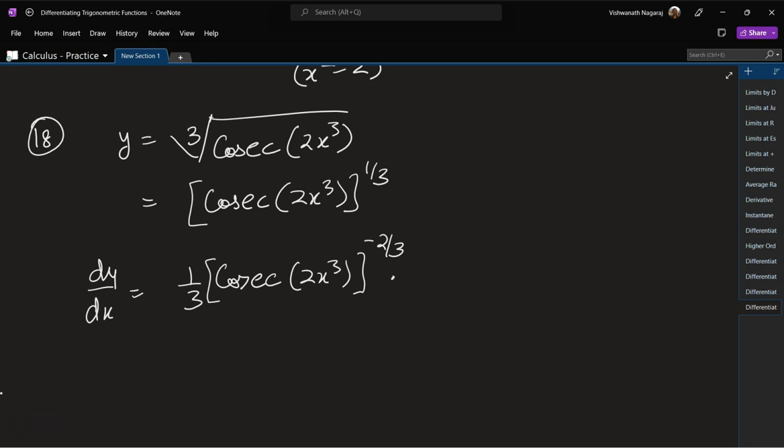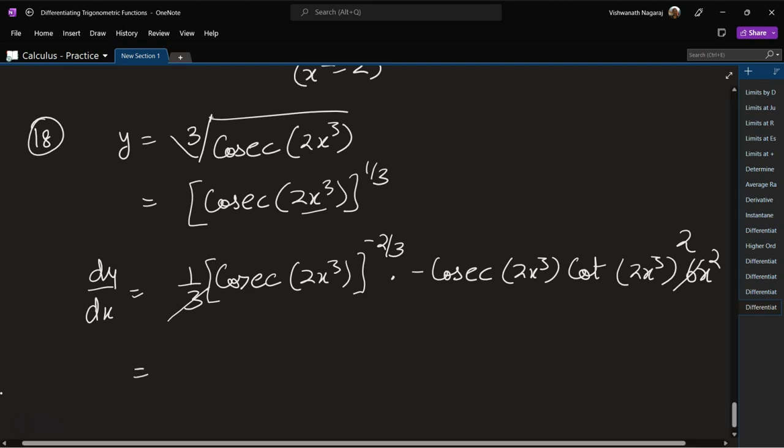Now, derivative of cosec is minus cosec 2x cube cot 2x cube. And finally, this 2x cube, that is 6x square, right? And this 3 and this 6 cancels, and we are left with, so we have minus here, 2 here. So this would be minus 2x square times.